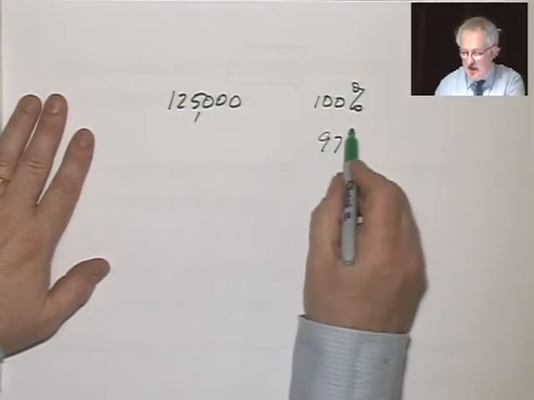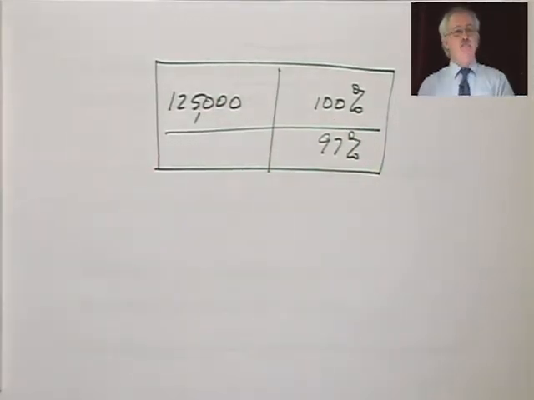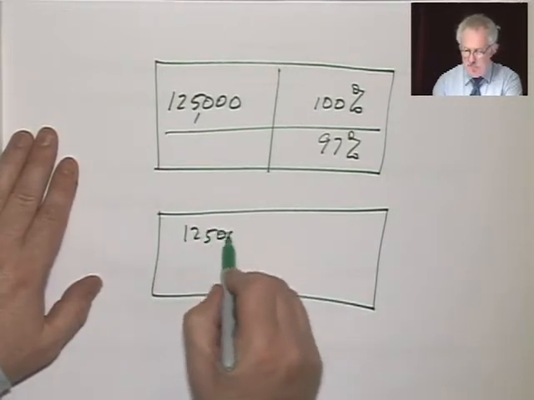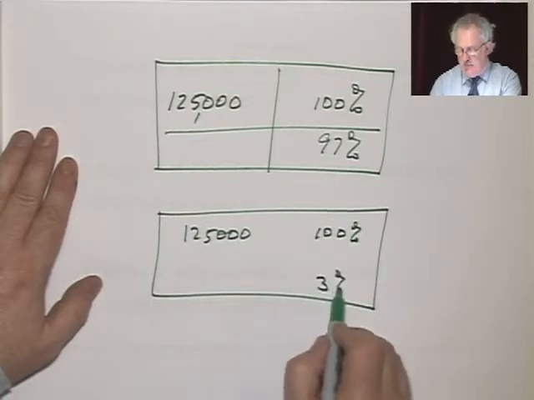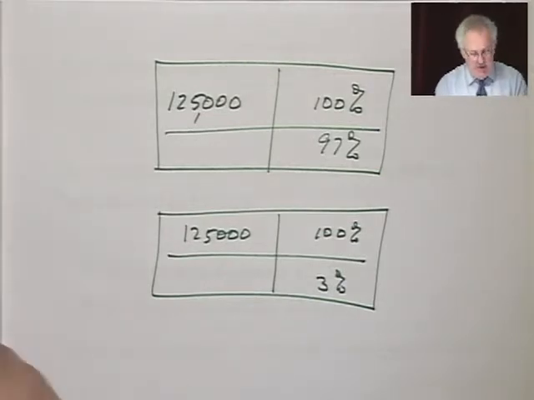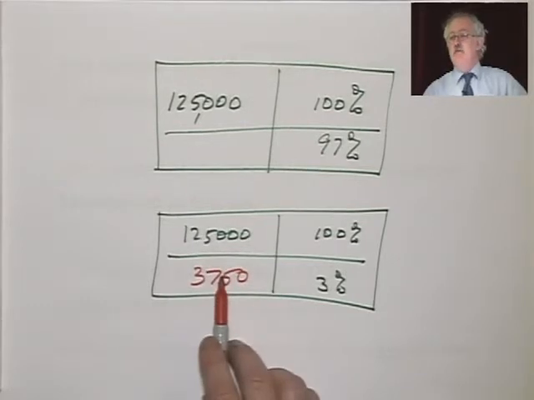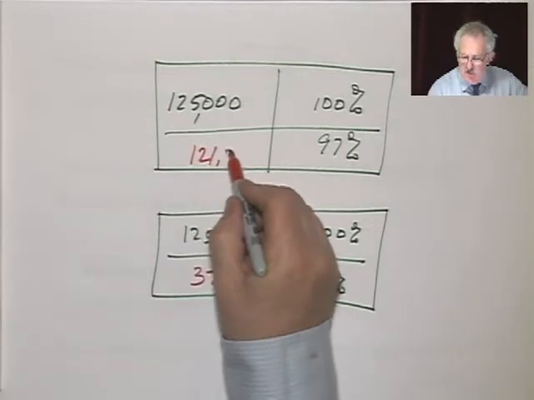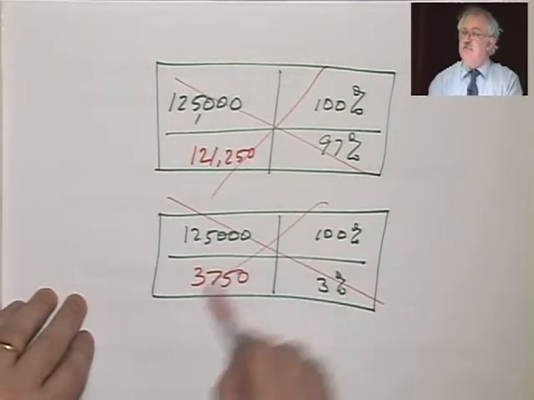What's 97%? Couldn't we do that? Or we could say 125,000 is 100%. What's 3%? And 3% of that is 3750. We have to take that from that. Or if we multiplied it up, we'd get 121,250. So either way, we could do the crisscrossing and get it.